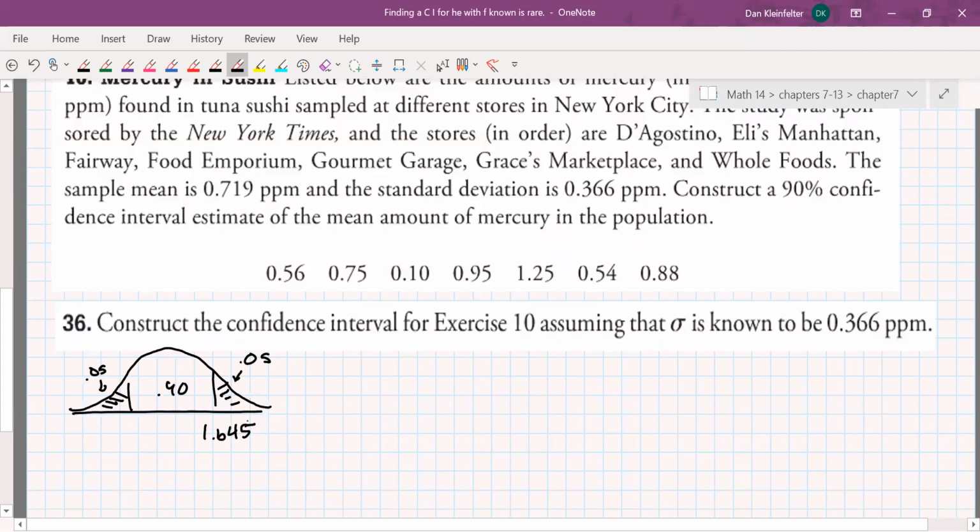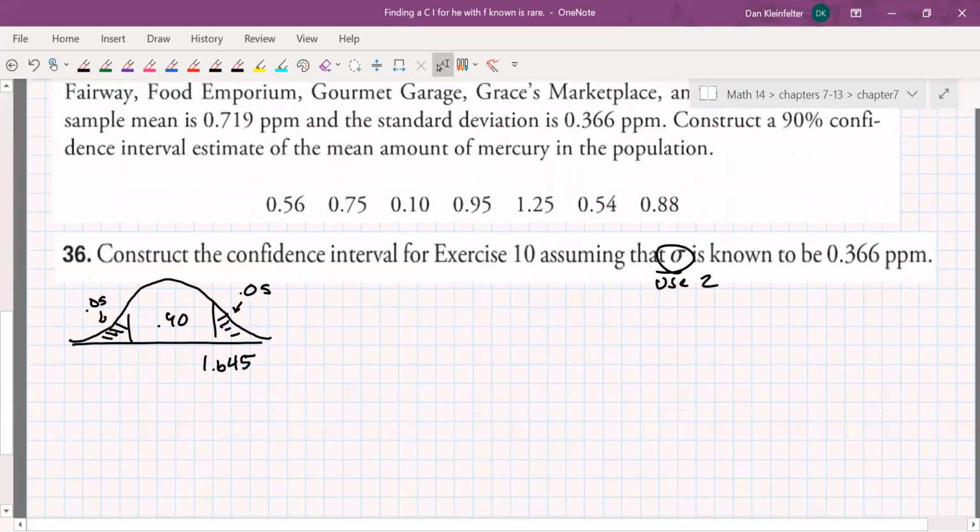Okay, so here, notice we are using Z because we know sigma. So I'm using a standard normal table to get this 1.645, and we don't need to talk about the degrees of freedom or anything. Okay, so then margin of error is going to be our 1.645.